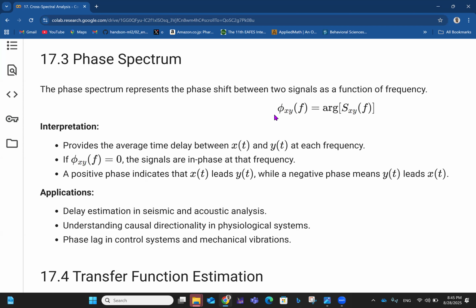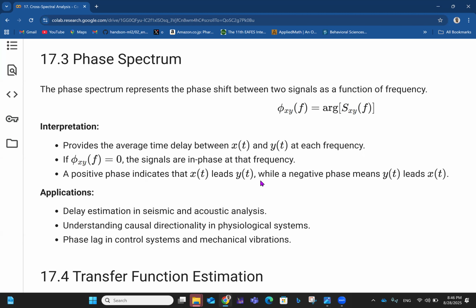That is phi sub xy of f equals arg S sub xy of f. By way of interpretation, the phase spectrum provides the average time delay between x of t and y of t at each frequency. If phi sub xy of f is equal to 0, the signals are in phase at that frequency, perfectly together. A positive phase indicates that x of t leads y of t, while a negative phase means y of t leads x of t.